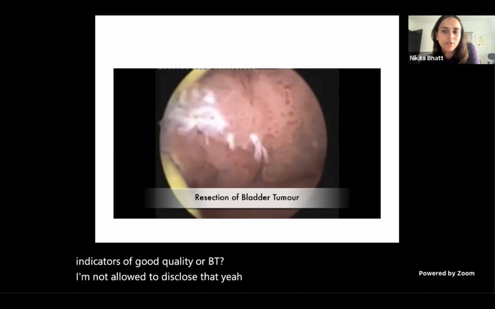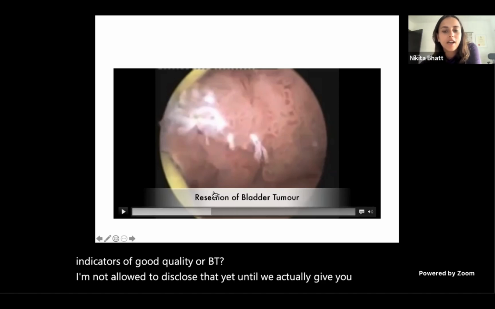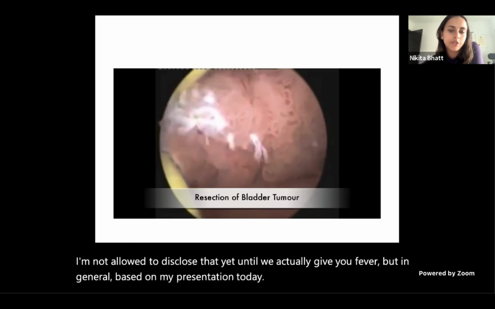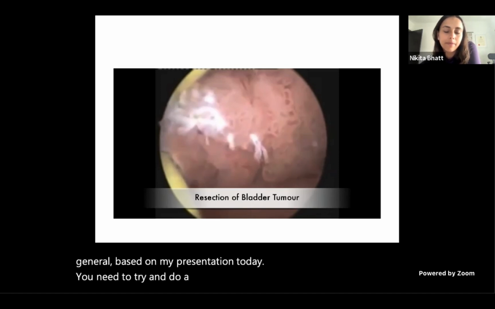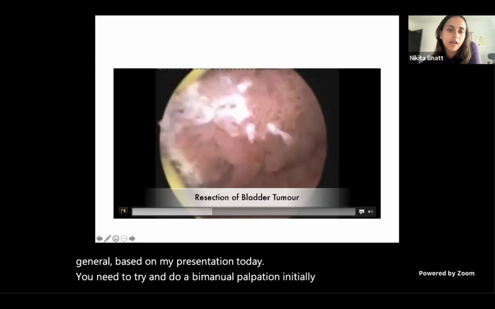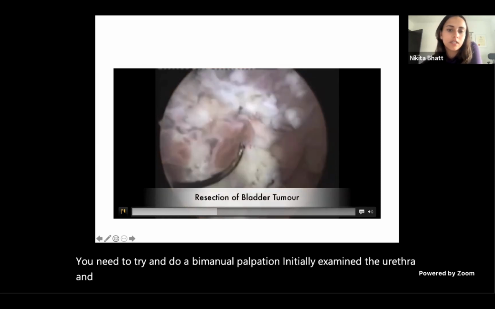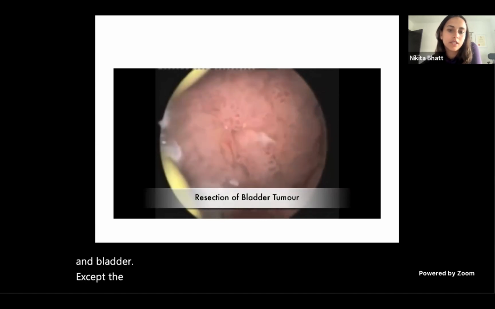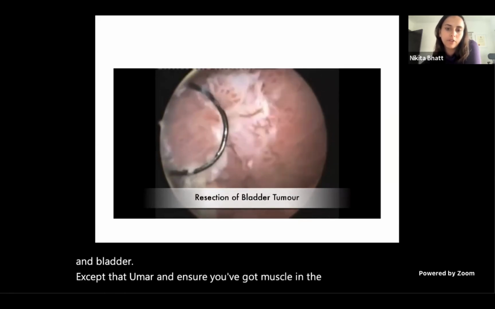But in general, based on my presentation today, you need to try and do a bimanual palpation initially, examine the urethra and the bladder, resect the tumor and ensure you've got muscle in the specimen. Don't fulgurate the base if you haven't got muscle.